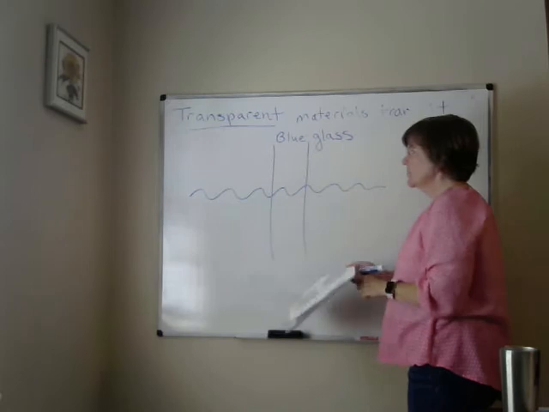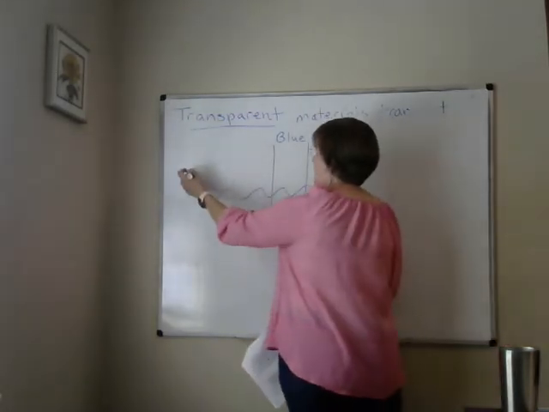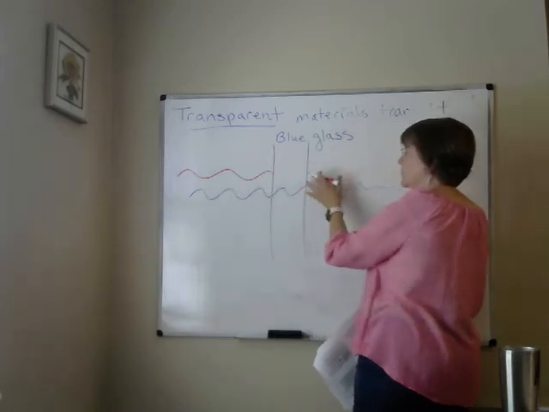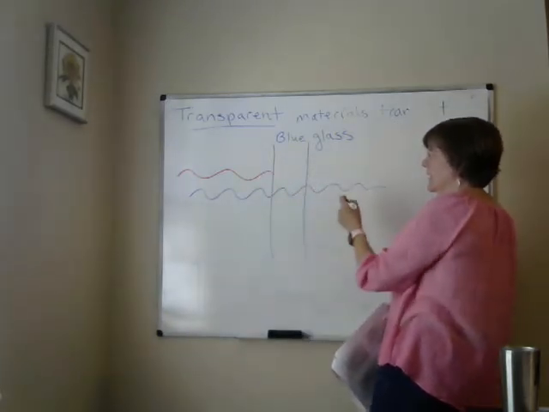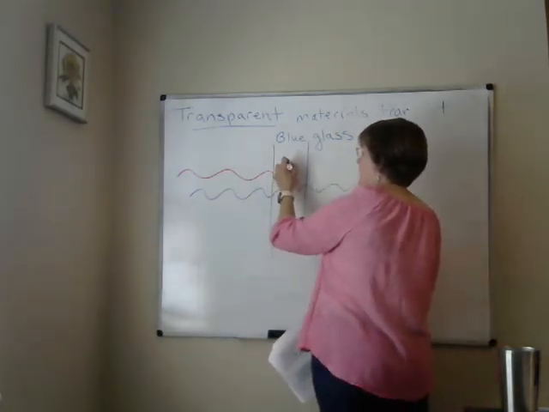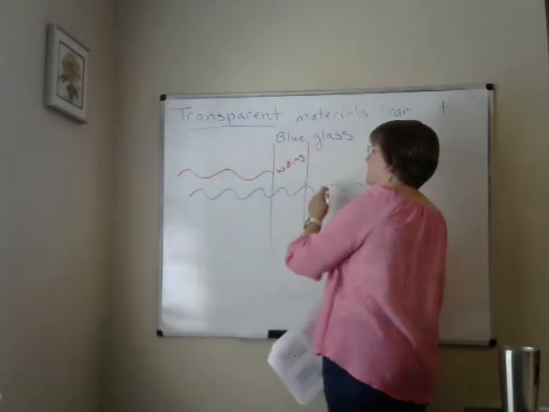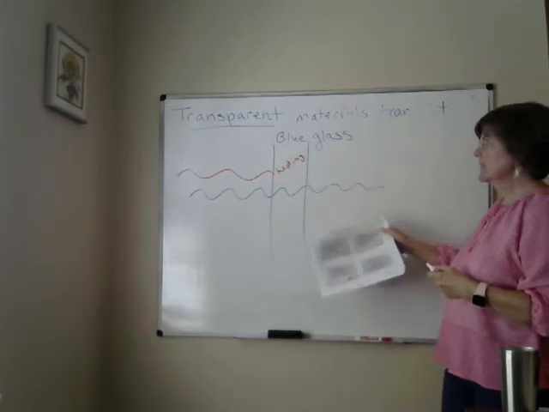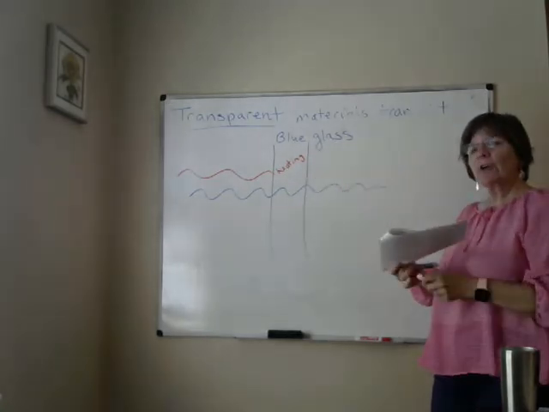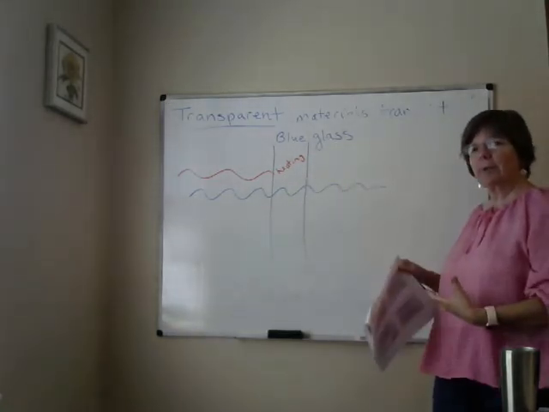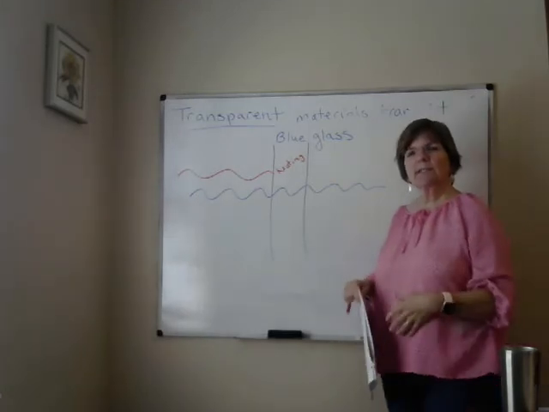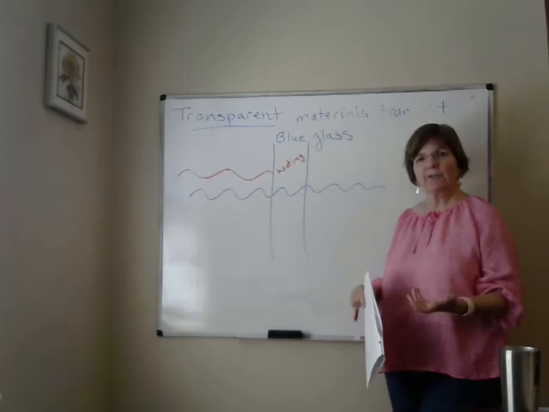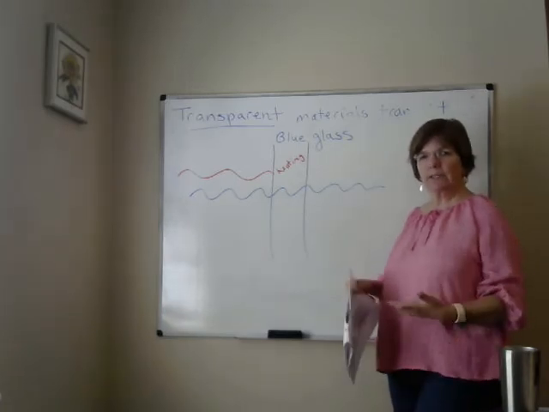But if you shine red light on it, red light has a longer wavelength. It absorbs the red light, and that causes a little bit of heating. It may also absorb green light or violet light because it's blue. Okay? So whether or not a material is transparent really does depend on the frequency of radiation. But what we think of as clear glass is transparent to all visible light.